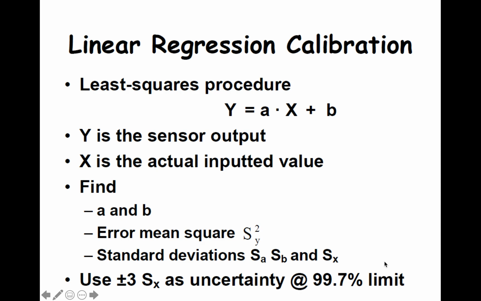Find A, the slope, B, the zero offset, and the error mean square, which is Sy squared, and several standard deviations such as Sa, Sb, and Sx.